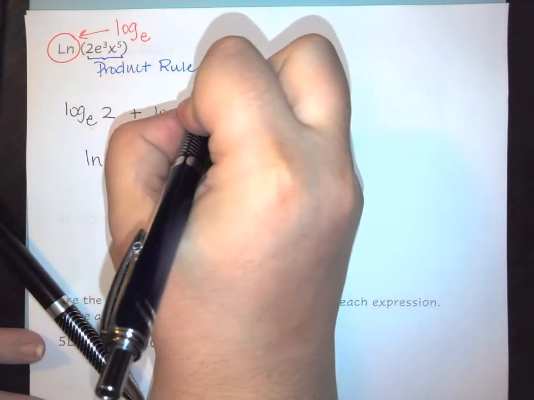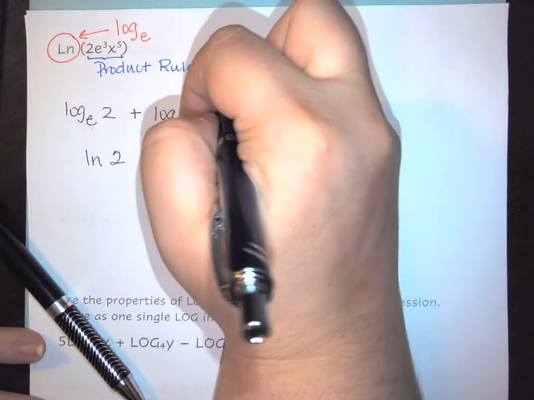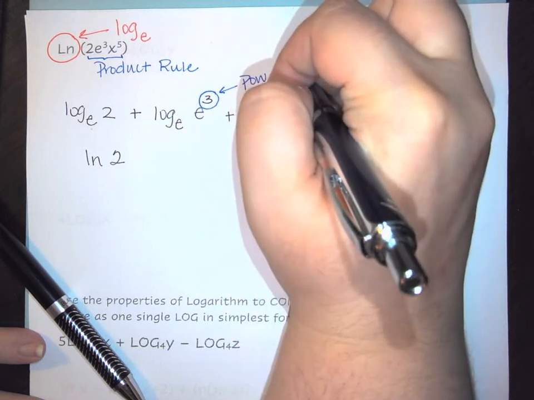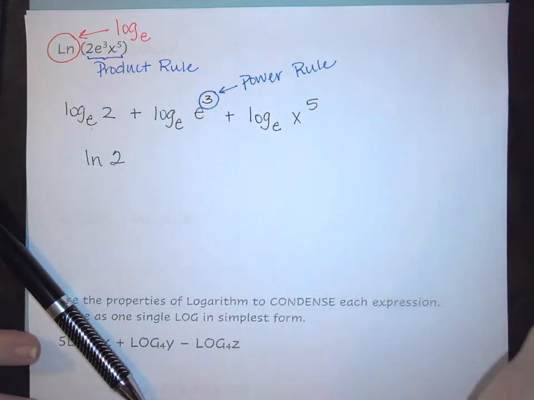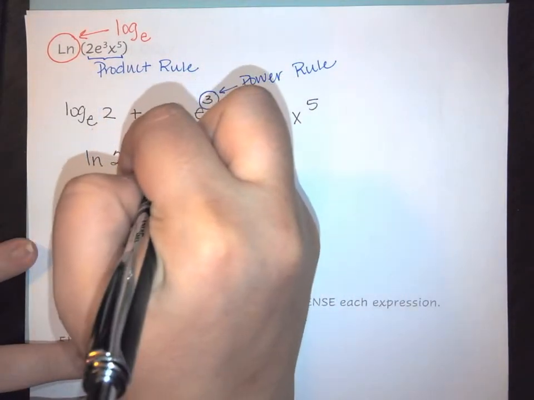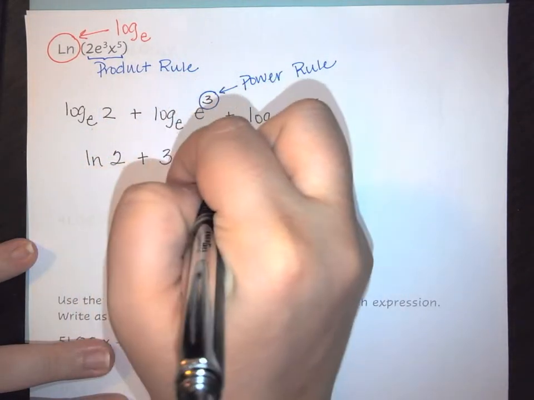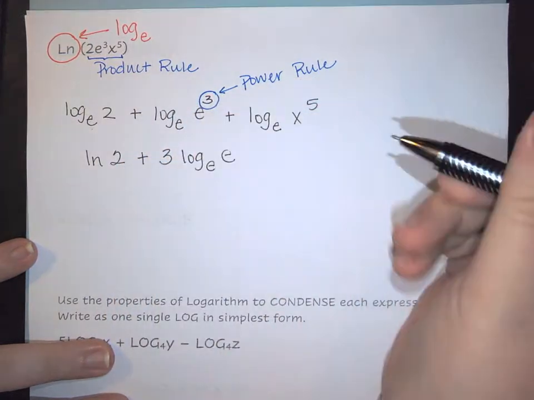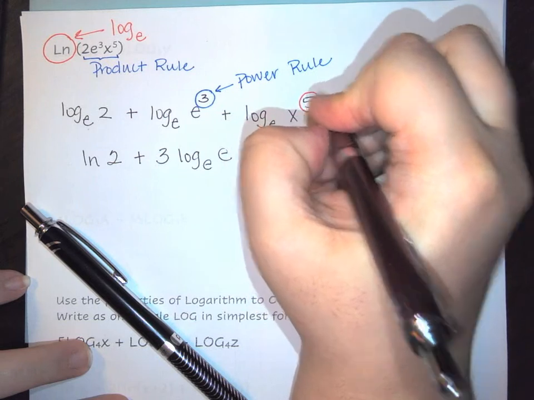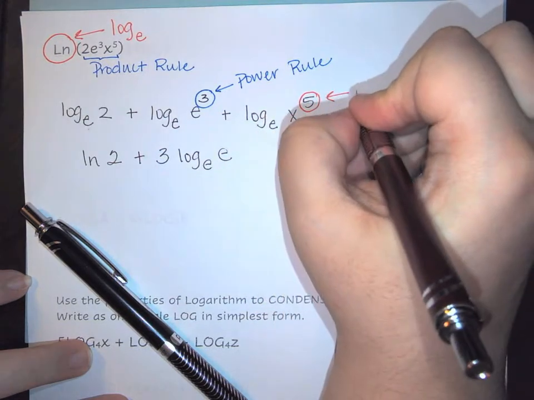Here, if we look right here, we have a power rule. And so the power rule again comes down in front, so this becomes plus 3 log base e of e. And then if we look at that back one, notice again right here my 5 is going to be another power rule.